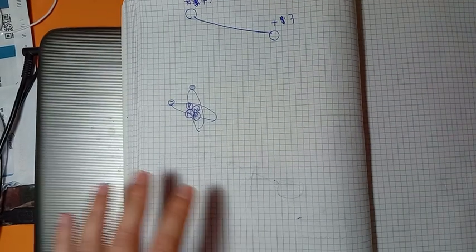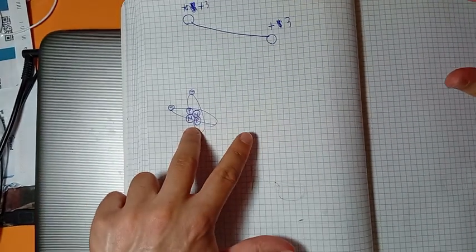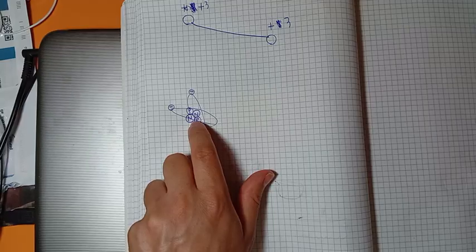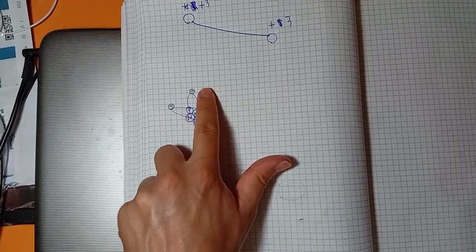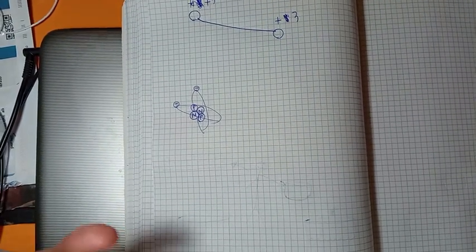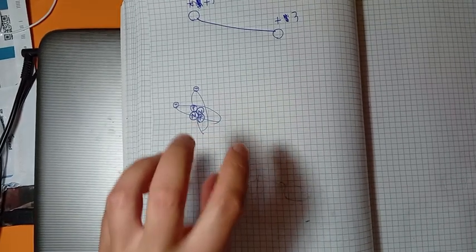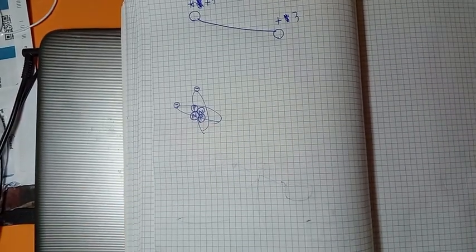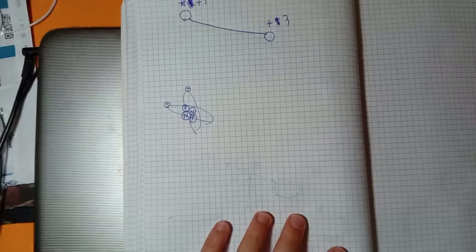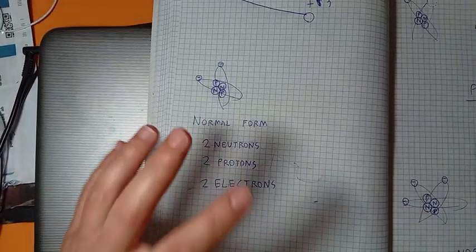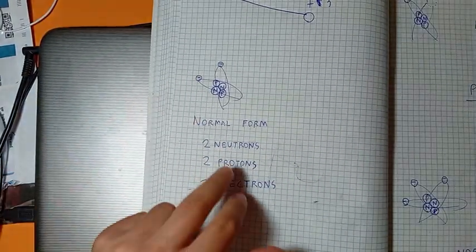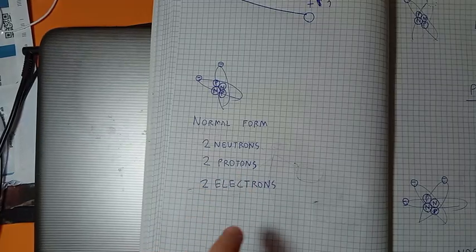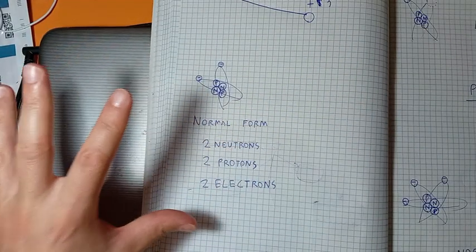This is how this random atom normally should be. So, in its normal form, this random atom has 2 neutrons, 2 protons, and 2 electrons.